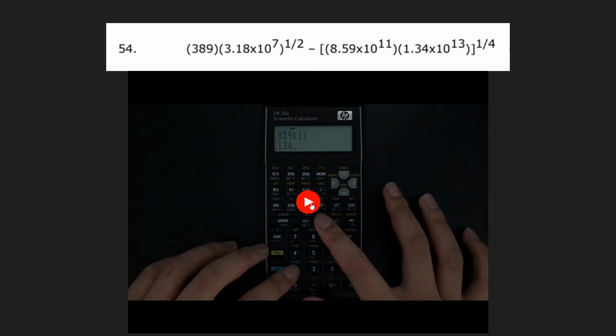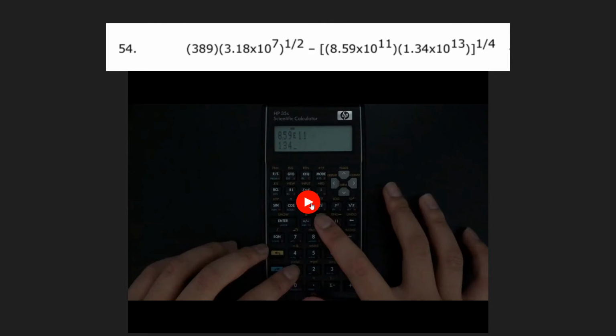You may or may not have gotten an explanation for this, but whenever you have 1 over something, the 2 on the bottom is going to be your radical. So when I do 3.18 times 10 to the 7th to the 1/2, it's going to be square root 3.18 times 10 to the 7th.